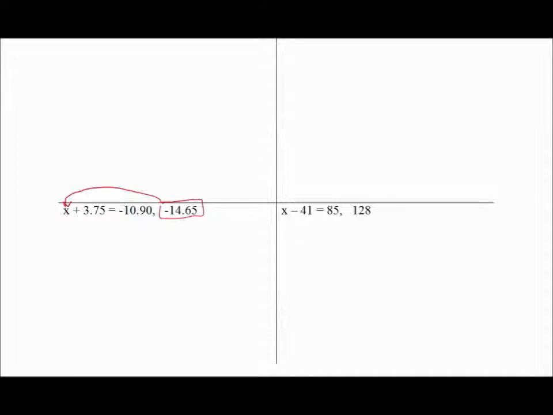When I make that substitution, it becomes negative 14.65 plus 3.75. I want to know, does that equal negative 10.9? Okay. Well, when I work this out, that does give me a negative 10.9. And since my left side equals my right side, I know that this negative 14.65 is a solution. So once again, I'm just going to put yes.